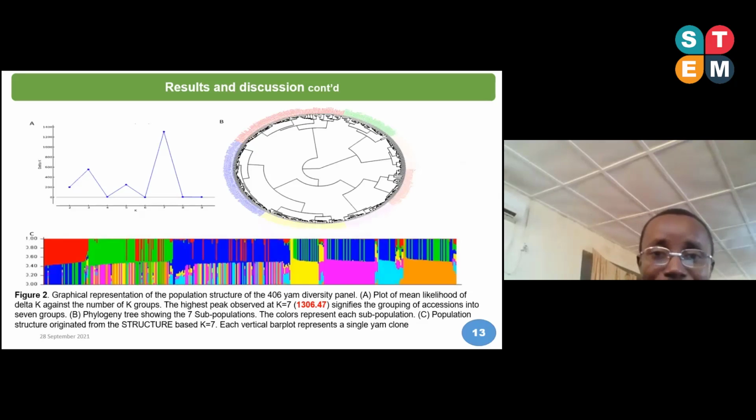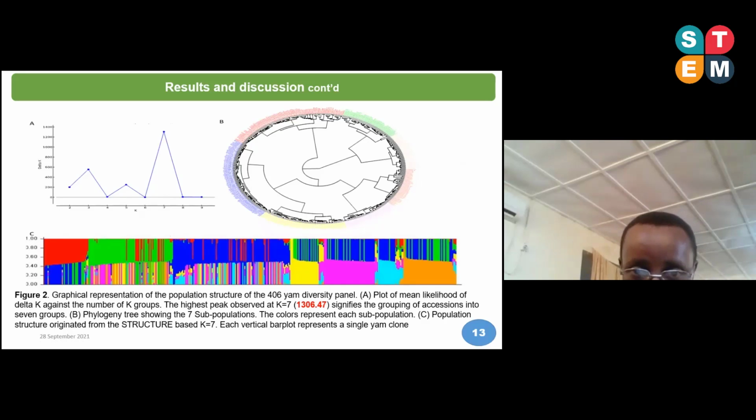So for the various clustering techniques to really dissect the population structure, we can see that the delta K value was obtained at 1306.47, really high. The one showing the high peak here, justifying why the clones were actually classified or categorized into 7.